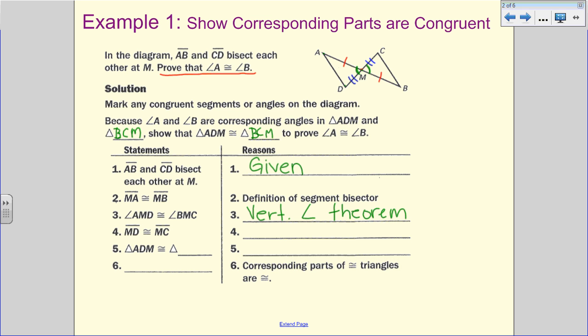They then tell us that MD is congruent to MC. Well, that was the same reason those congruency marks went up at the same time MA and MB did. So that's going to have the same reason as step number 2, which is just the definition of a segment bisector.